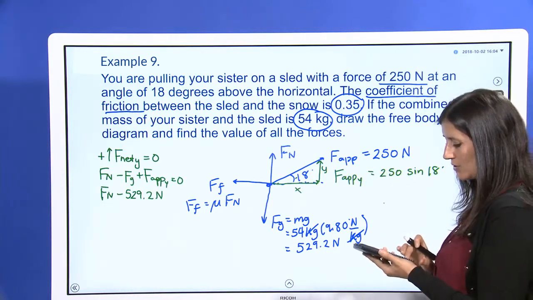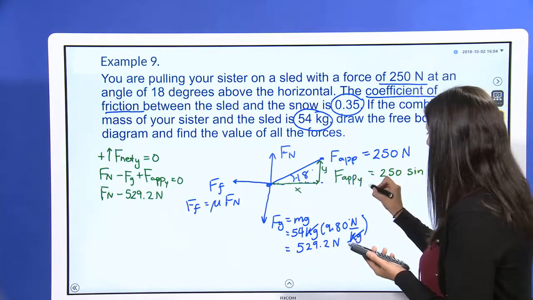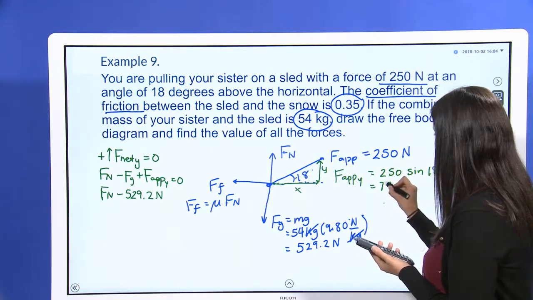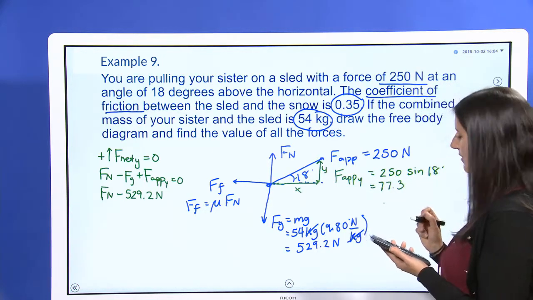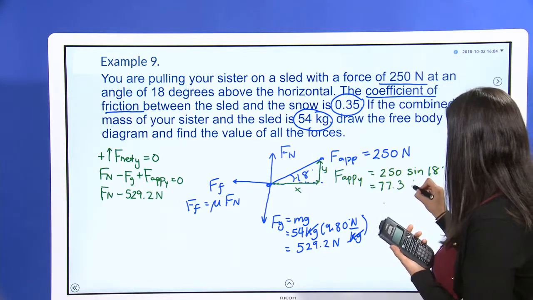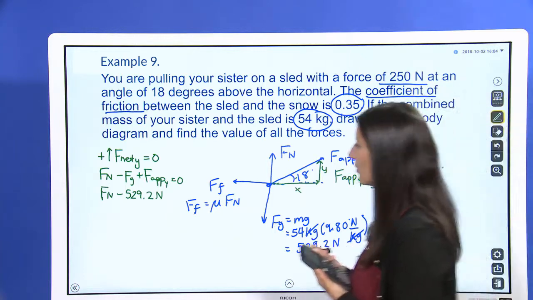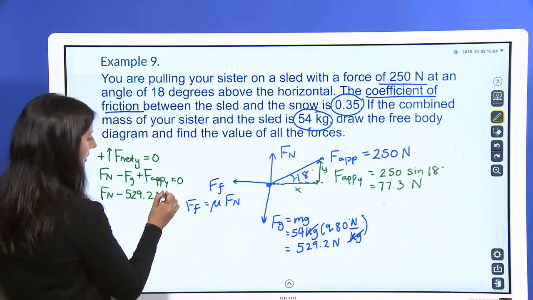So I'll type that in, 250 sine of 18, and I get 77.3. So I'm just rounding right now. 77.3 newtons. Okay, so that's my F applied y. It's pointing upwards, so I'm going to put it right here.